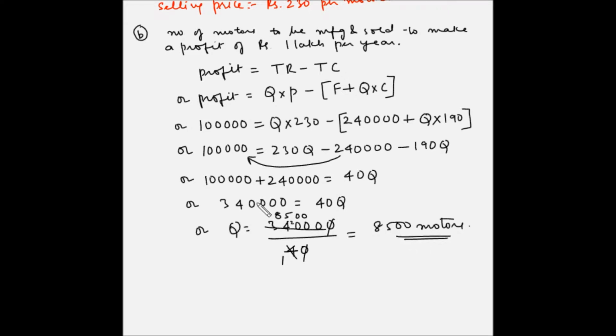Now let's move to the third case, which is that if the selling price is reduced by 15 rupees each, then how many motors have to be sold in order to break even?